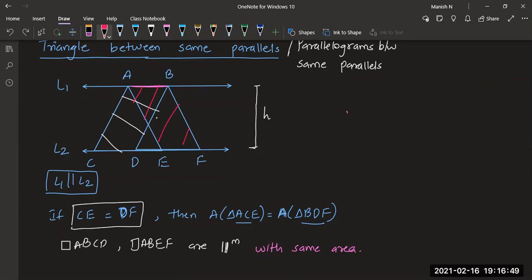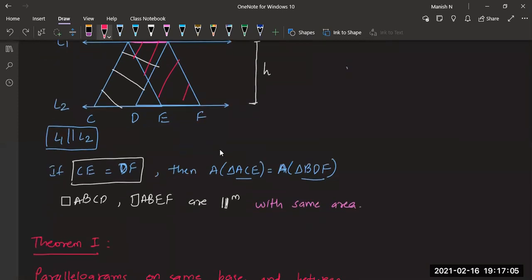If they have same base and same height, the area of the parallelograms is equal. What is the common base? It's AB, as you can see in the shaded region.